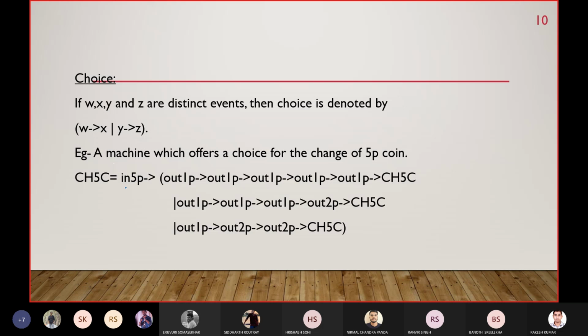So the input will be 5 penny. It has three choices. It may be that all 5 outputs I get are 1 penny. That is also possible. Then 3 1 penny and 1 2 penny, and 1 1 penny and 2 2 penny. So any one choice, that vending machine server can choose appropriately for giving out the coins.